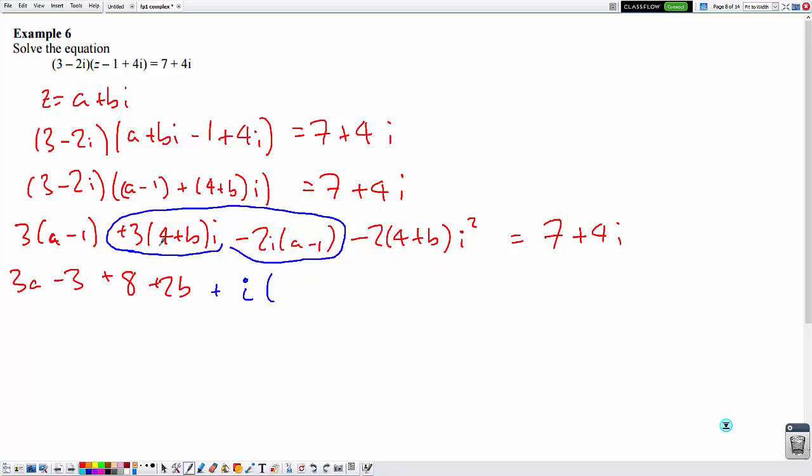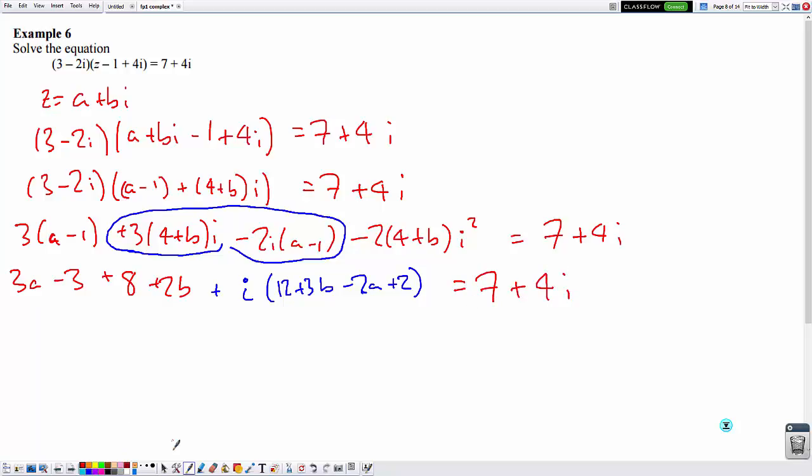So I've got 12 plus 3b. And in here, I factorize out the i, so I've got minus 2a, and then minus 2 times minus 1 is just plus 2. And this whole thing is equal to 7 plus 4i.